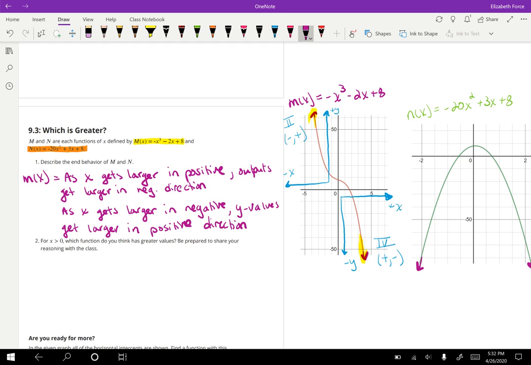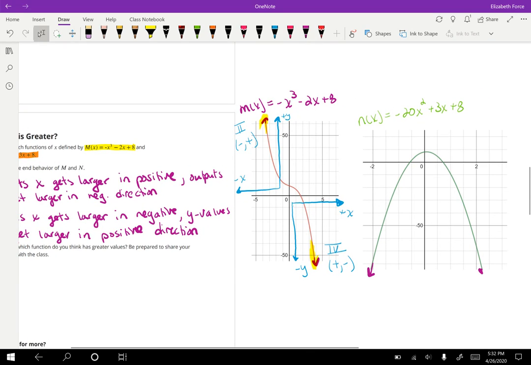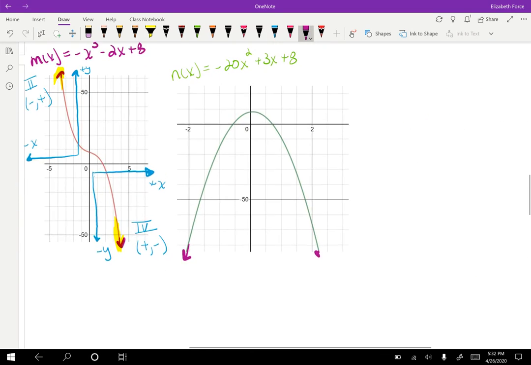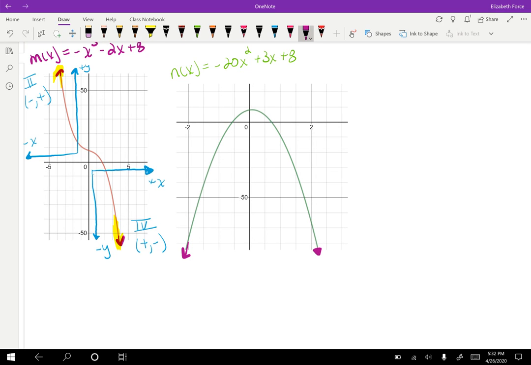Now n of x is actually a little bit simpler to write because our end behavior gets to go in the same direction. So this end over here, so we'll zoom into this graph. This end on the right here is ending in quadrant 4. And this has a positive comma negative. And this is ending in quadrant 3, which is a negative comma negative.